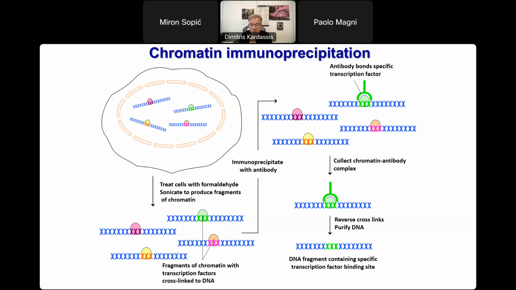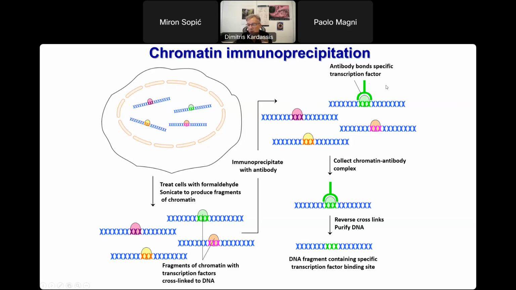Everything is fixed with formaldehyde, and then we lyse the cells, we isolate the chromatin, the DNA, and we sonicate the chromatin so that we cut the chromatin into small pieces, because it's very difficult to work with unsonicated chromatin. It's very viscous, so we cut it to pieces, and then we add an antibody against a transcription factor that we are studying.